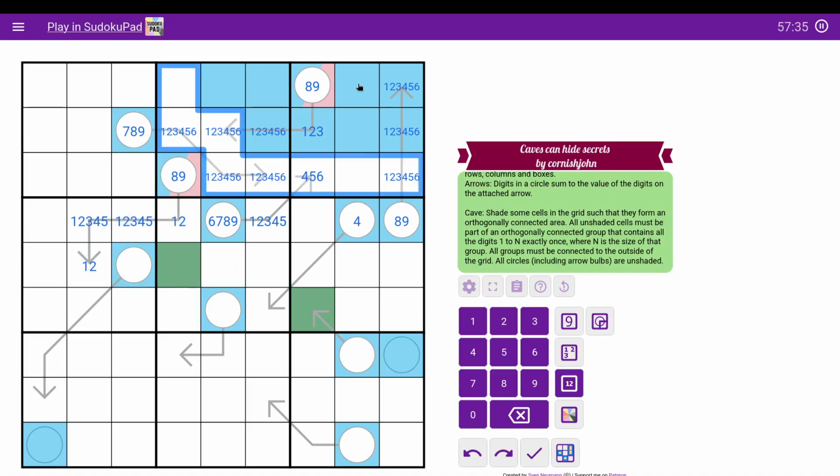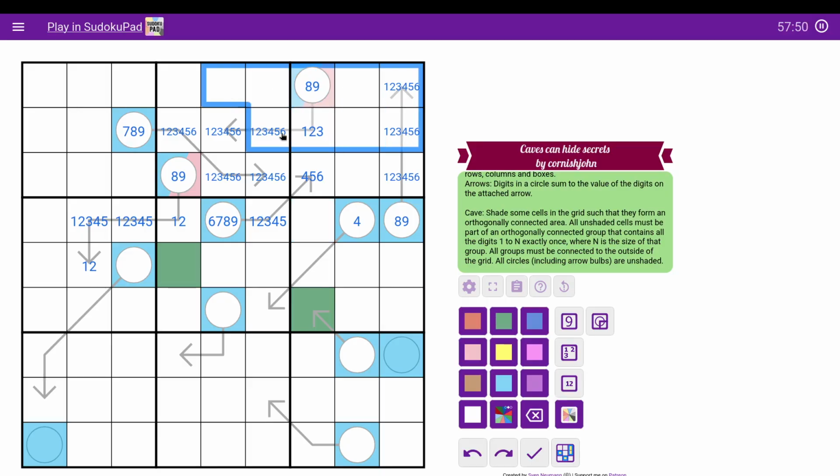Right. And then I think I just said that this one can't be a 3. Okay. Let us suppose, I'm going to use yellow just to make it clear. Let's suppose this is a group.